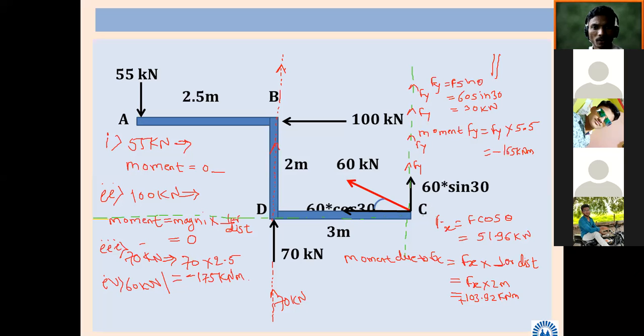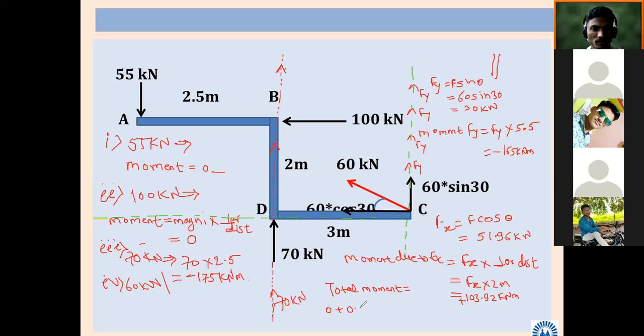Total moment. You have to find out the total moment. Again, space limitation, so I will write total moment in short. Finally, you can write total moment is equal to the sum. First one is 0, second one is 0. What was the third?